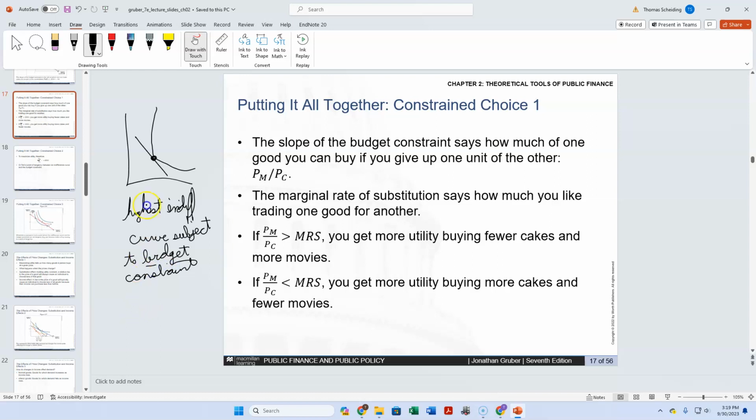Or in other words, at this point, the two slopes are equal, meaning that negative P of the good on the x-axis over the price of the good on the y-axis is equal to the negative ratio of the marginal utility of the good on the x-axis over the marginal utility of the good on the y-axis.